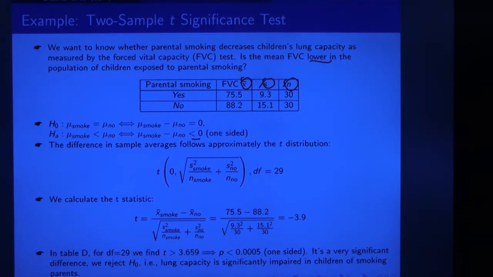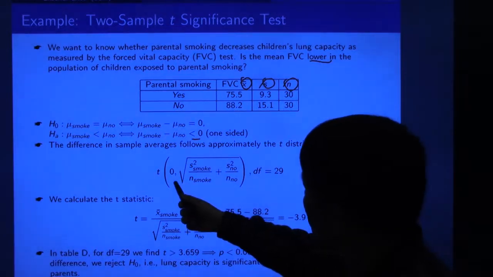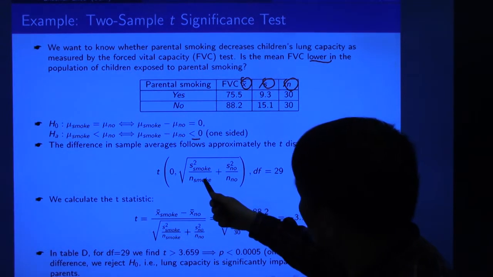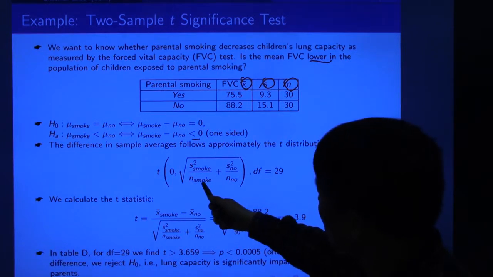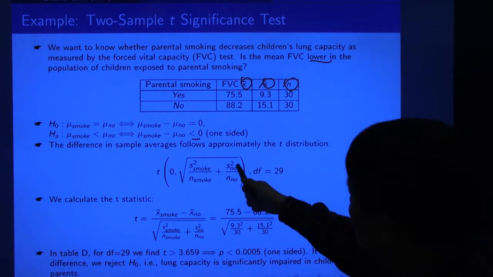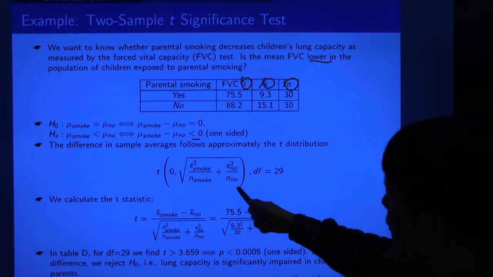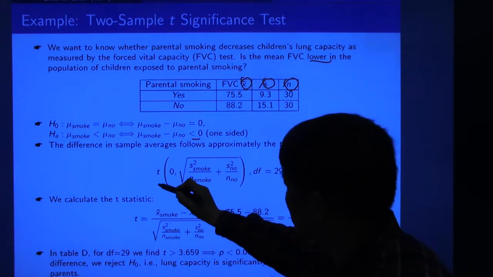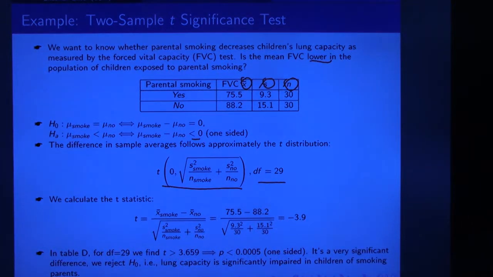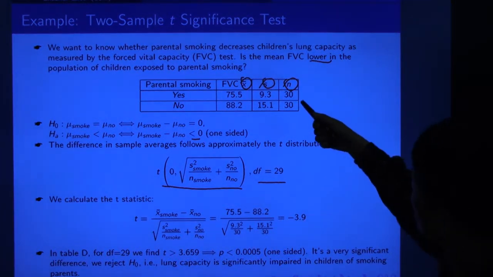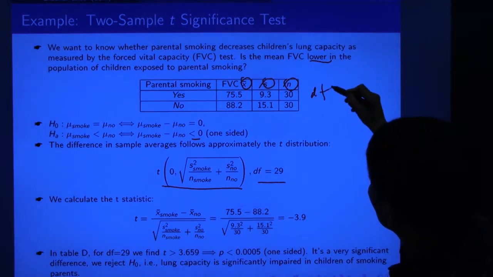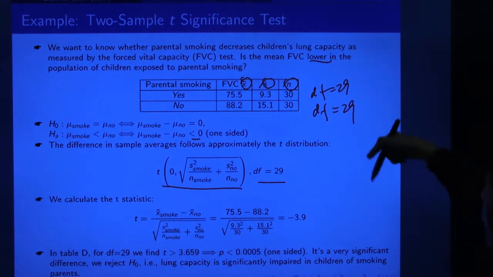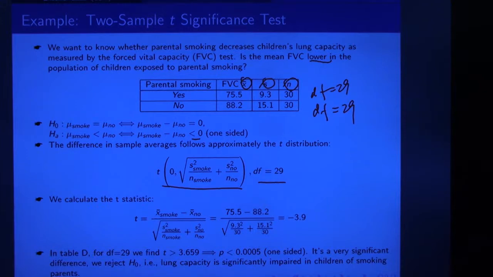The t-test satisfies 0, and the standard error equals s squared smoke over n smoke plus s squared non-smoke over n non-smoke, then take the square root. And the degree of freedom equals 29, because here df equals 29, and this one df equals 29. The smaller one is still 29.